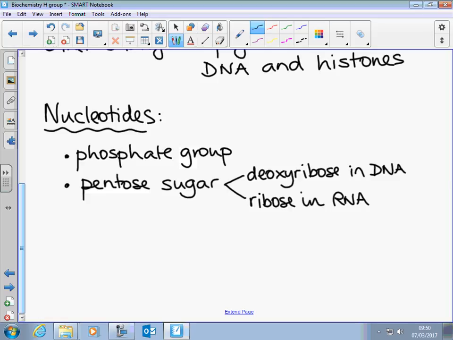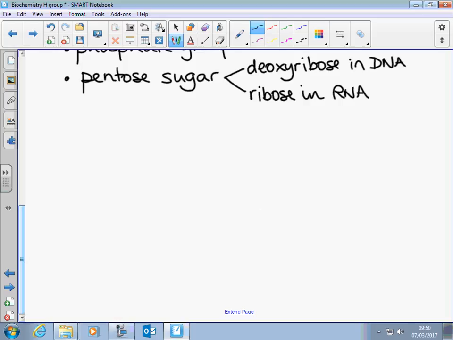Now, those numbers are going to be important. But there are rules for numbering that are based on which is the most important group in the molecule, and in this case it would be the one that the oxygen is actually attached to if you have it in a straight form, and that would be carbon 1.